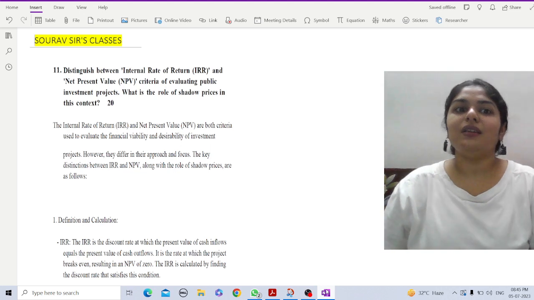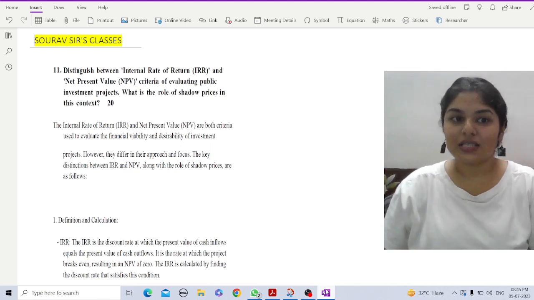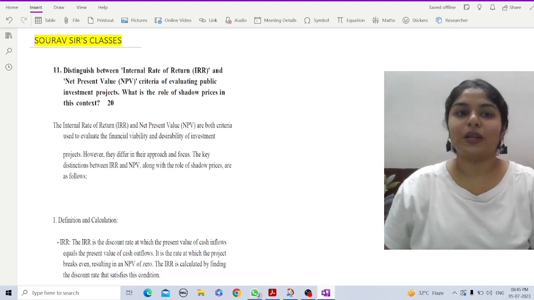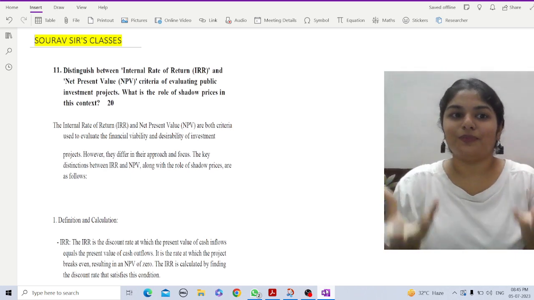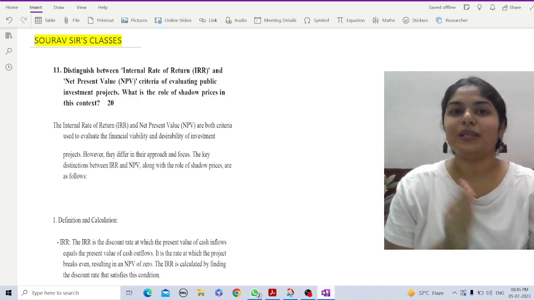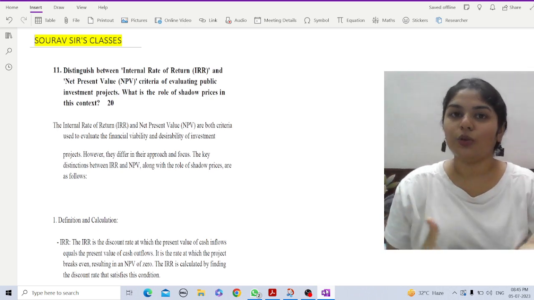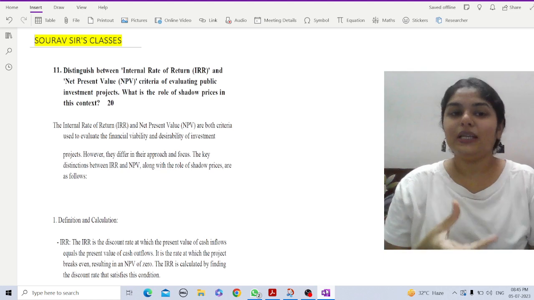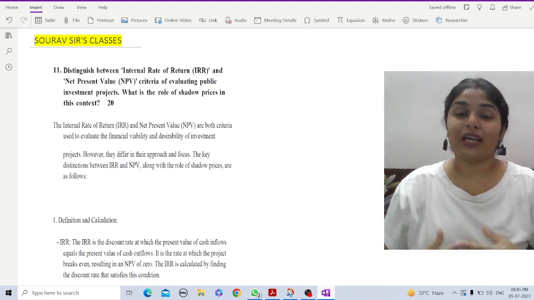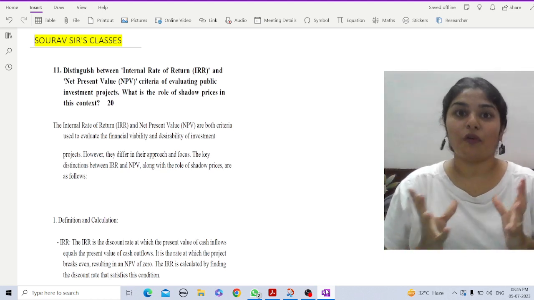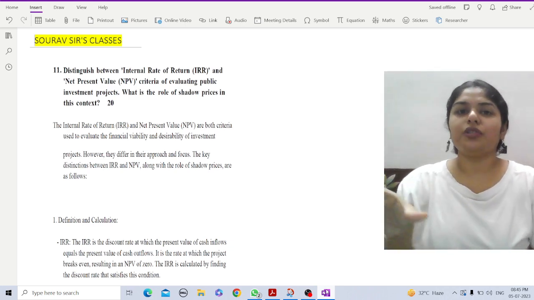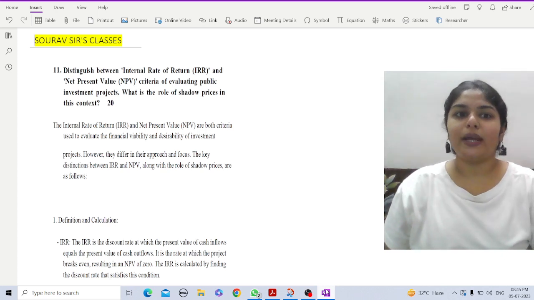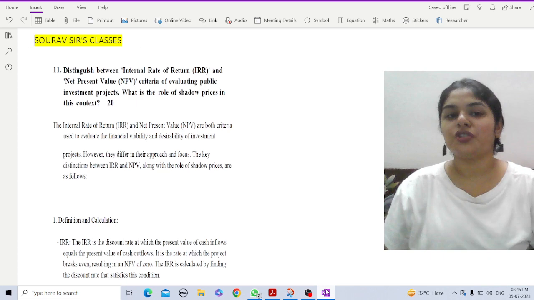So first, let us define what is internal rate of return and net present value. Both are used as measurements to evaluate the financial viability and desirability of an investment, that is, whether we should invest or not, whether there will be profit or not. But the objective of the two is quite different, and accordingly they have different meanings of the shadow prices.